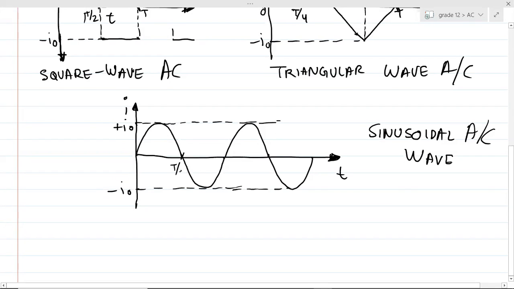This is T by 2. This is T. This is 3T by 2, and this is 2T. Is this clear, guys? What is one cycle? Please remember what is one cycle. Can you see in the positive cycle it goes to the maximum, it comes back to 0, and then it goes in the negative cycle, goes to the maximum. So this part is called the positive cycle, and this part is called the negative cycle.